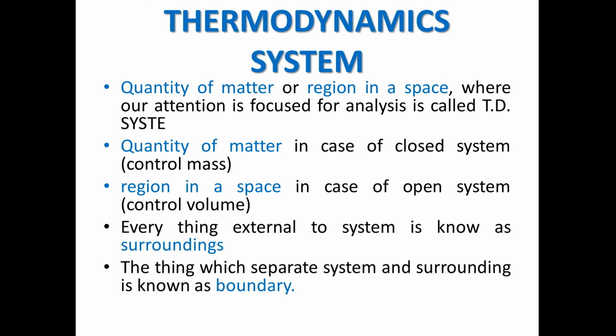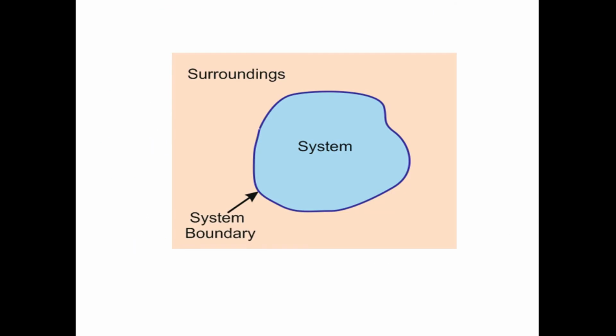Everything external to the system, the quantity of matter or region of space, that is the control mass or control volume, is considered the surroundings, and the line or anything separating the system and surroundings is known as the boundary. You can see from this figure the system, surroundings and system boundary, like a cricket ground.